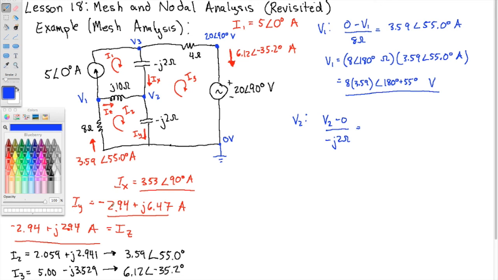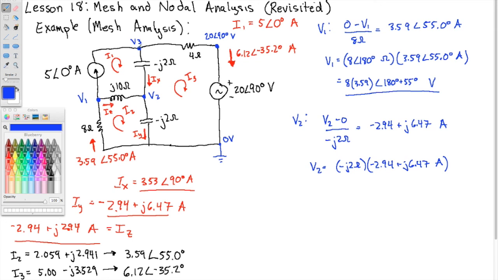The current is IY, which we've got over here, minus 2.94 plus J6.47 amps. So if I want V2, I'm going to multiply by minus J2 ohms on both sides. So V2 is minus J2 ohms times minus 2.94 plus J6.47 amps. Carry out that multiplication and you've got V2.